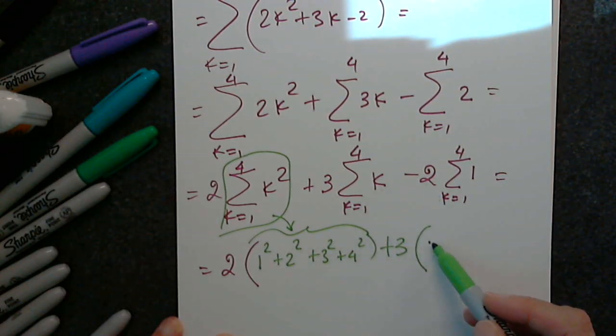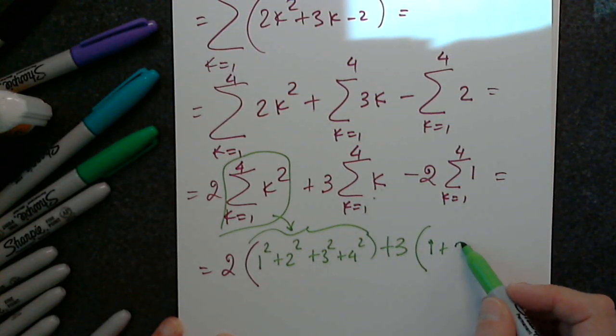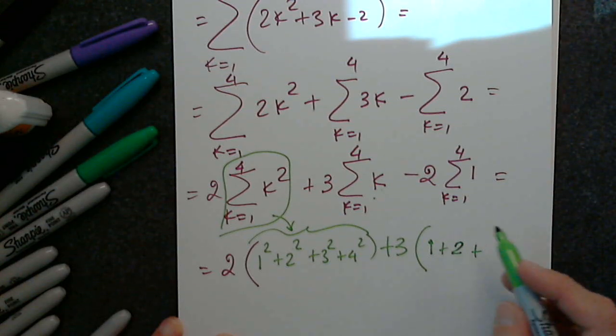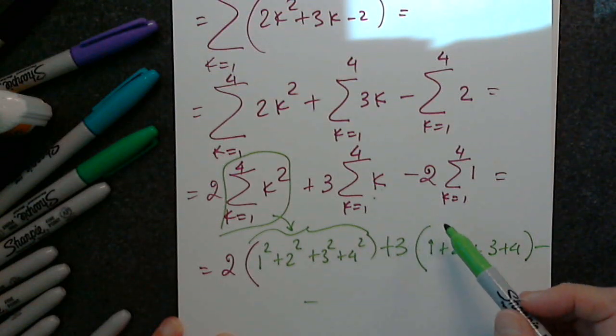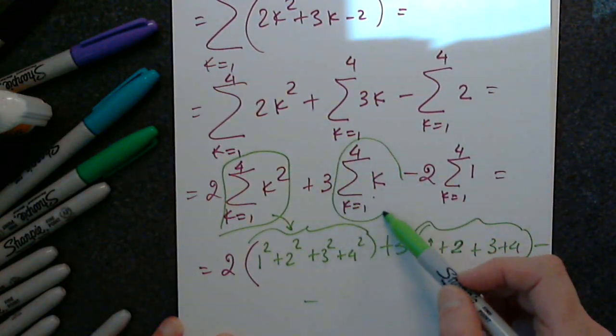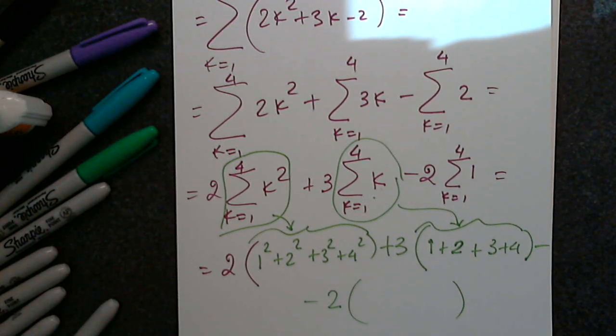When k is 1, 1, plus when k is 2, 2, plus 3, and plus 4. Minus 2, and what will you write in parentheses? When k is 1, 1, plus when k is 2, 1, plus when k is 3, 1, plus when k is 4, 1.